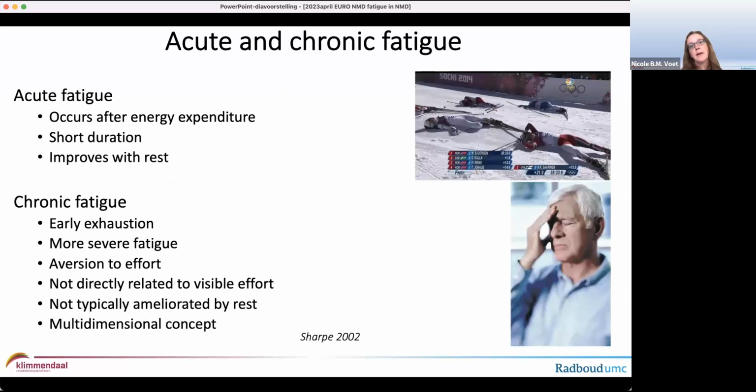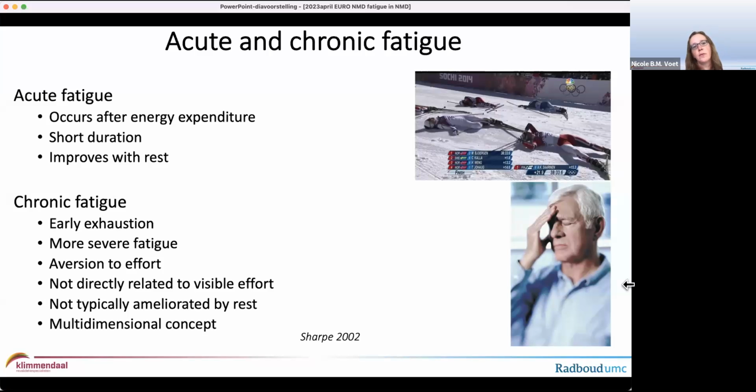Then the last thing is about acute and chronic fatigue. Acute fatigue occurs after energy expenditure, just like the upper image. It is of a short duration, it goes away, and it improves with rest. And there's a relationship between the level of acute fatigue and the level of energy expenditure. But when acute fatigue doesn't go away, it can become chronic fatigue.